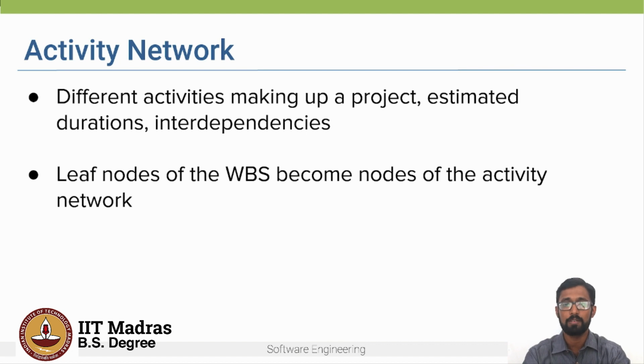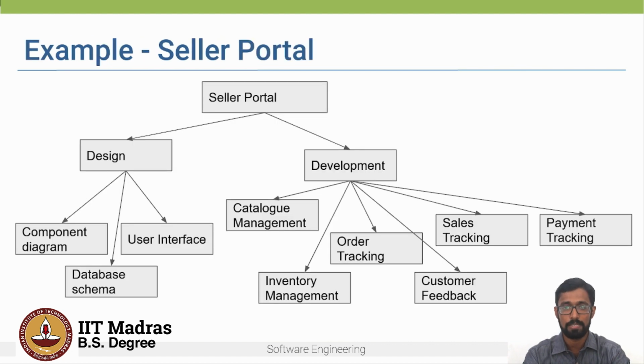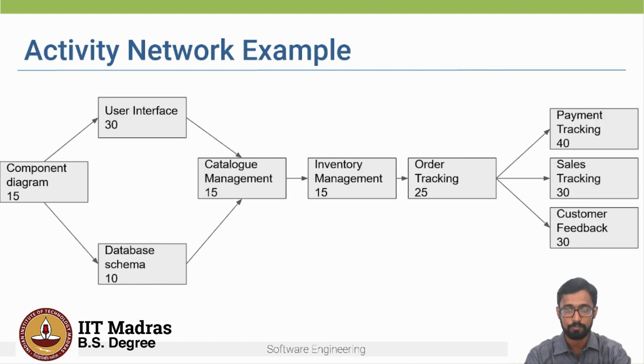Let's look at one example, the same example. This was the WBS or the work breakdown structure which we created. Now all of these leaf nodes become part of the activity network. So this is one example. Here you can see the arrows also determine the dependencies.